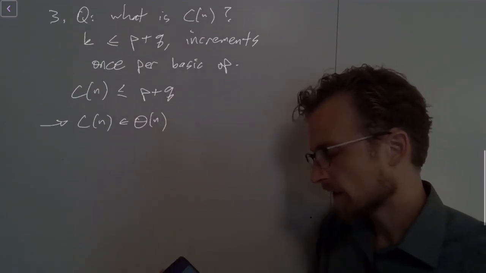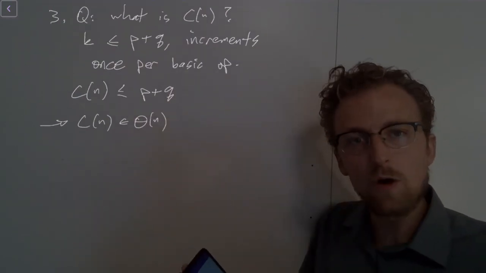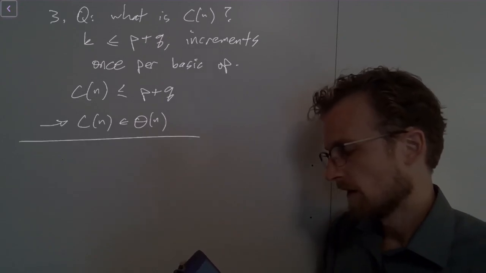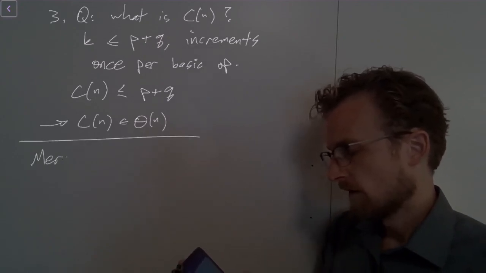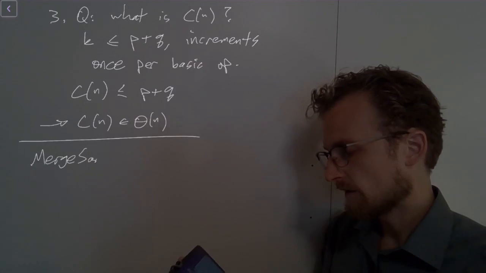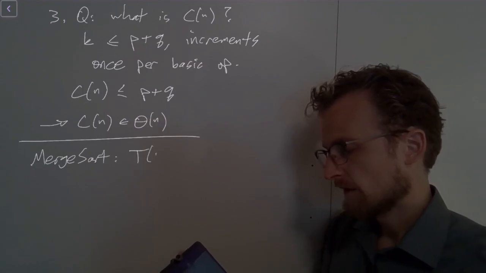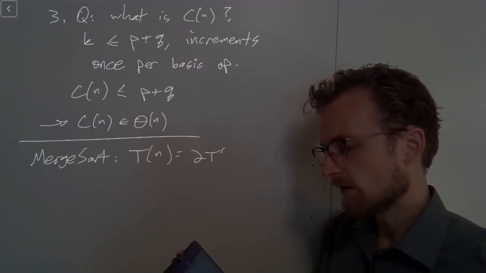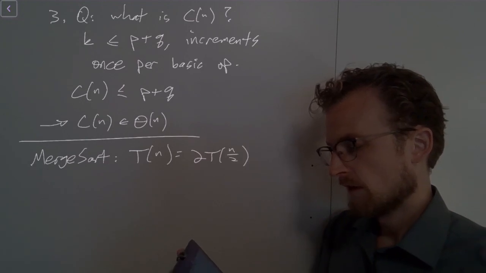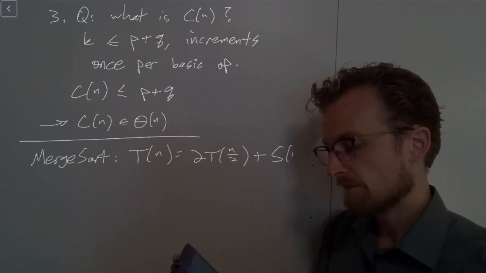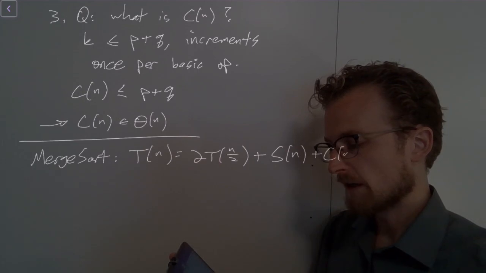Because of this, and I'll just recap the whole analysis here, we have merge sort looking like this. T of n equals 2T of n over 2 plus the splitting time plus the combining time.